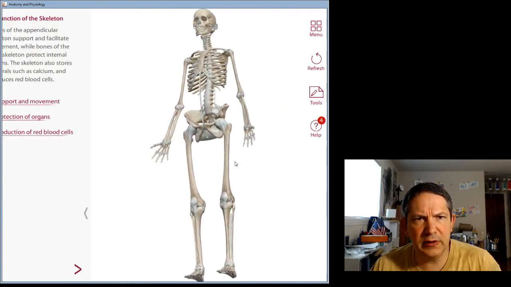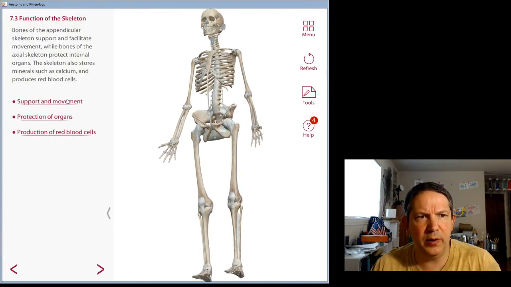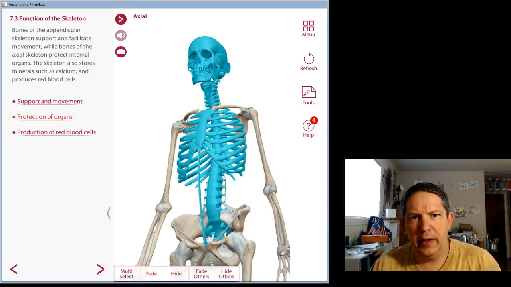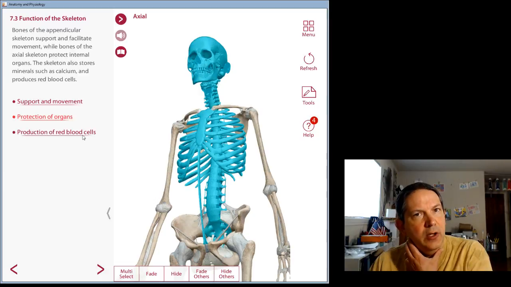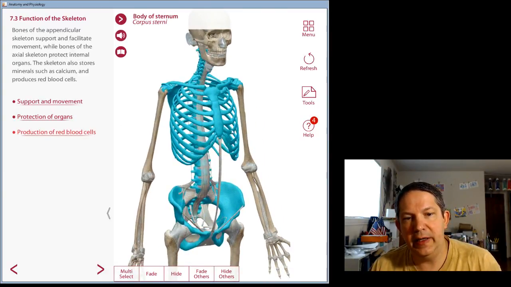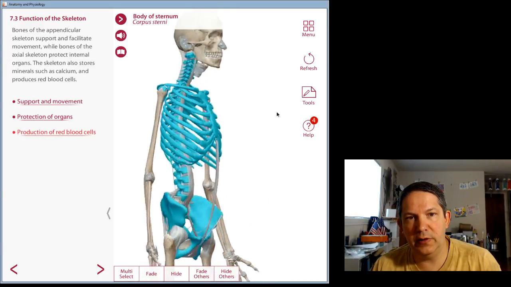In terms of functions of the skeleton, we talked about support and movement. Protection is another one. We have flat bones that protect a lot of our internal organs. Production of red blood cells, or hemopoiesis or hematopoiesis. This is primarily in these bones in adults.